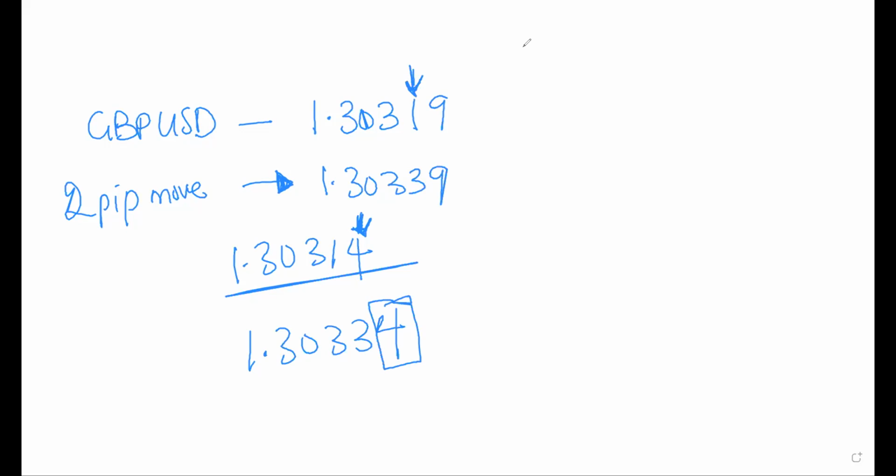Okay, so let's look at one more example, because here we're going to do some class work. Let's say Euro GBP makes a 5 pip move from the value of 0.86637, a 5 pip move.